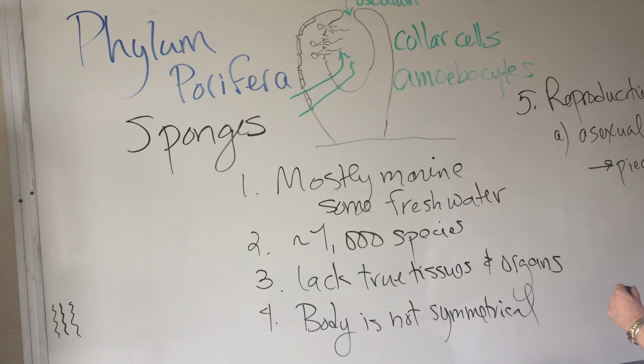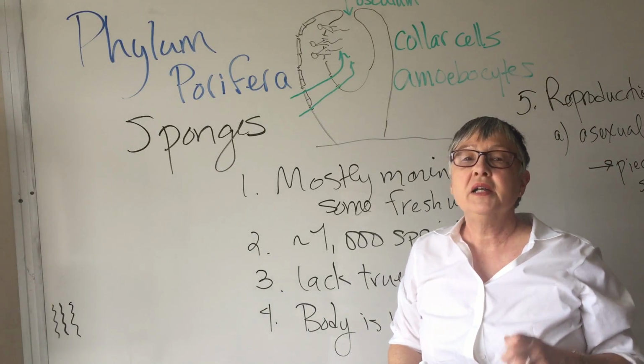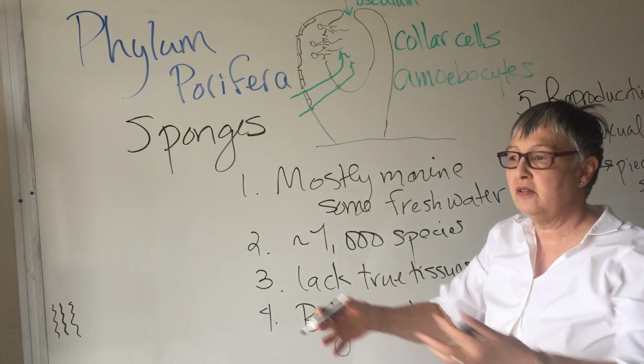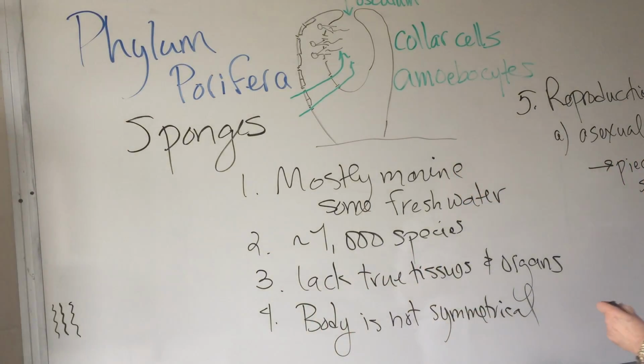Pieces of the sponge can break off and actually attach somewhere else and begin another colony of cells.